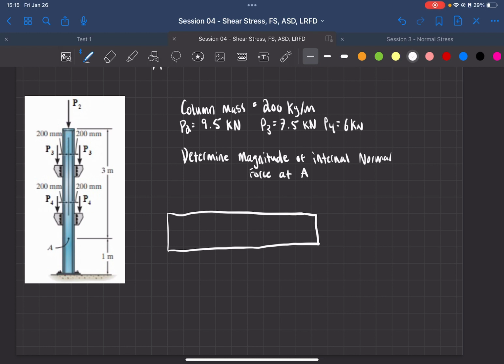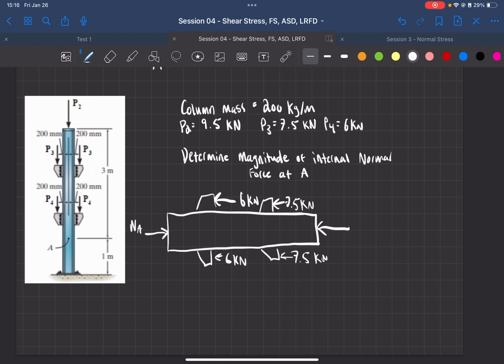And then we have this little cutout. This will be point A, right? So we'll have our normal force at A, and this is going to be P4, which we know as 6 kilonewtons. Then we have another one of these little fins, and these ones are 7.5 kilonewtons, and the same 7.5 kilonewtons.